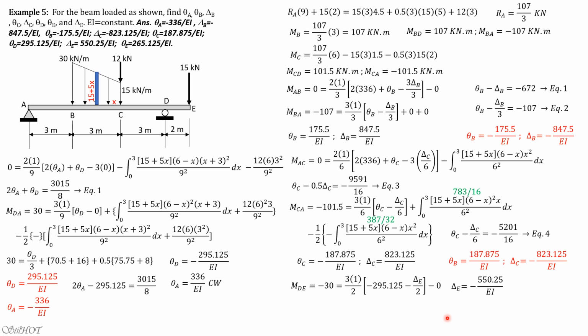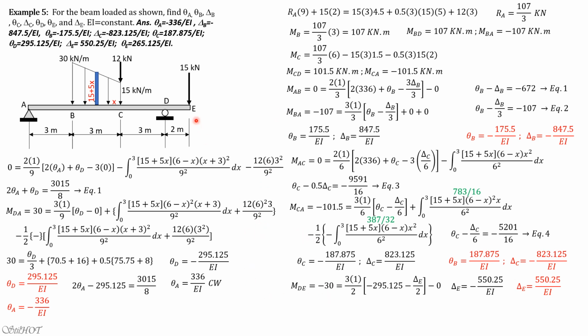So delta E is negative 550.25 over EI. And for theta E, we have to set up moment EB. Delta E, by the way, is positive because this is negative. So delta E is positive 550.25 over EI. So that means E is above. So this will bend that way. So E is above the horizontal axis ADE.